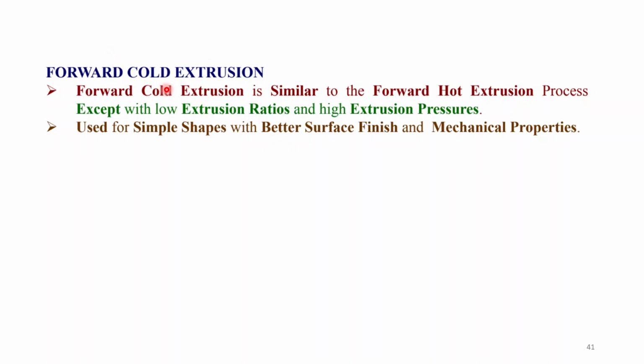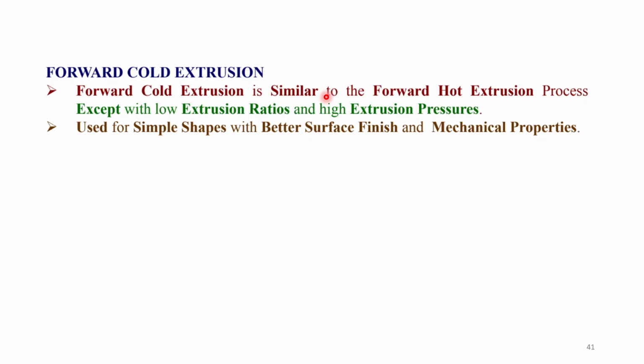Next is forward cold extrusion. It is similar to the forward hot extrusion process, except with low extrusion ratios and high extrusion pressure. As you are reducing the temperature, there is less ductility in the material, so you will require higher pressures and also a lesser extrusion ratio, so you can reduce the size only to a lower extent.